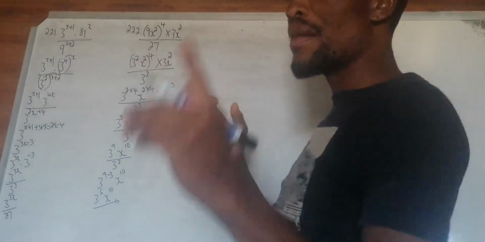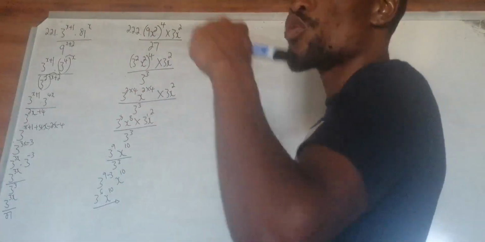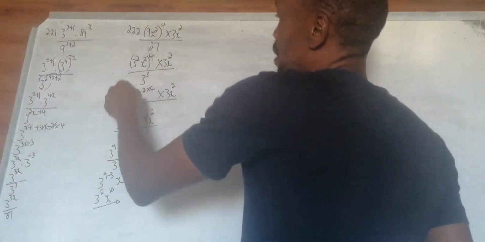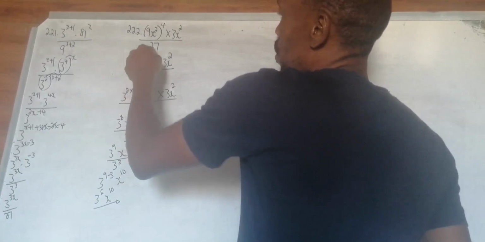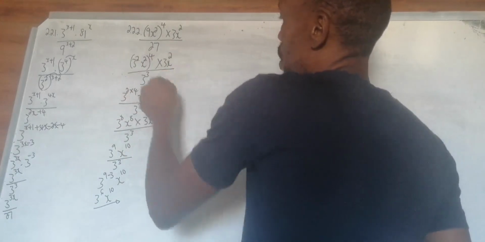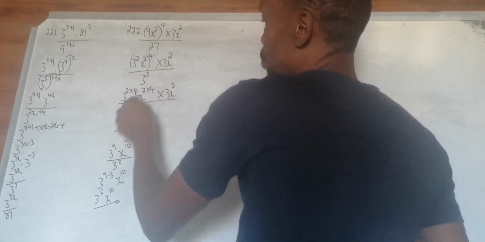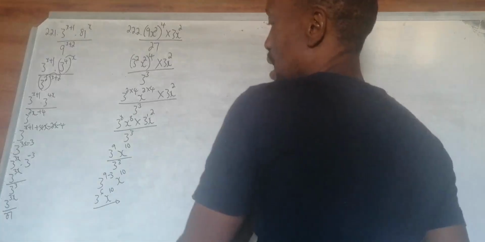The 4 outside, we multiply every exponent inside. The first thing is 3 to exponent 2, we multiply by 4. Then x squared, we multiply by 4. Then we have 2 times 4 is 8, 2 times 4 is 8, times 3x squared.